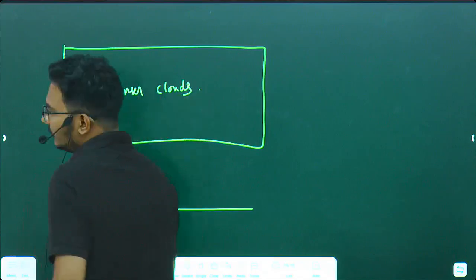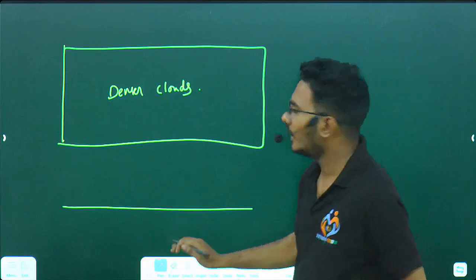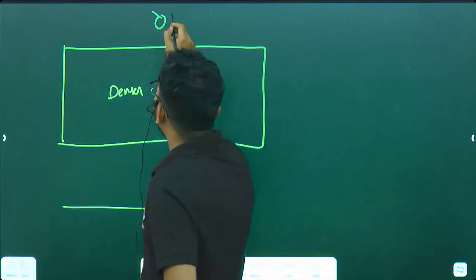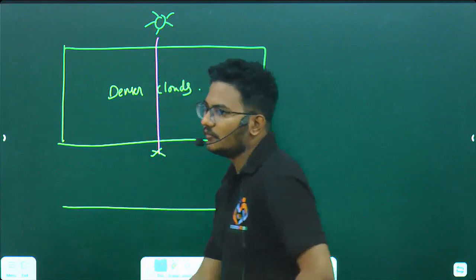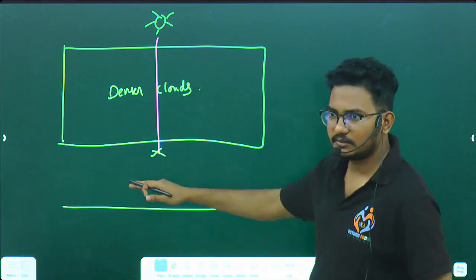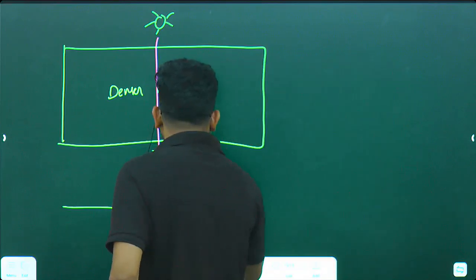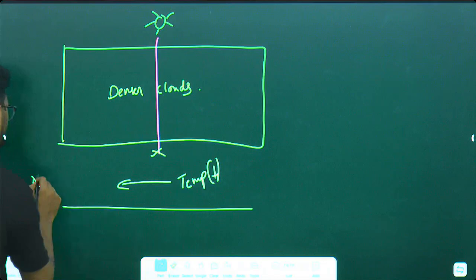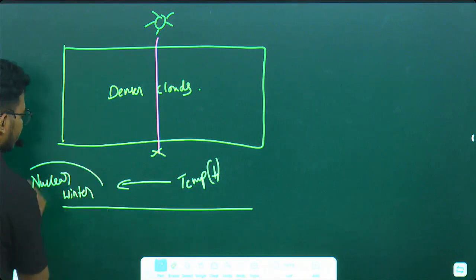Even once the temperature is down, sun rays will not reach. So for so many days the temperature will come down, and this is called nuclear winter. So in UPSC we have a question on this nuclear winter.